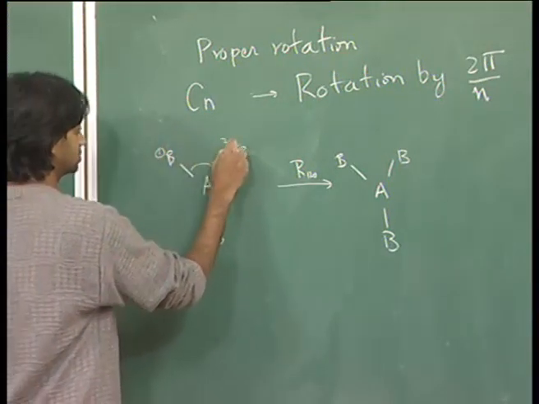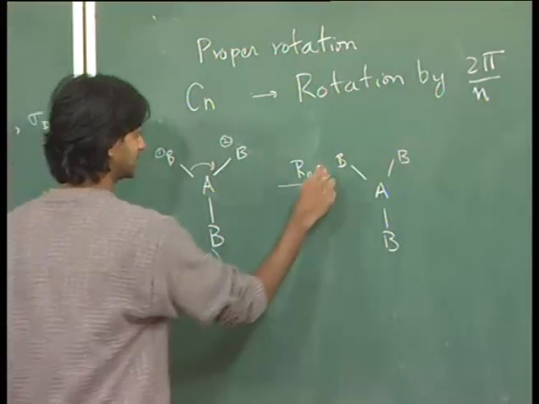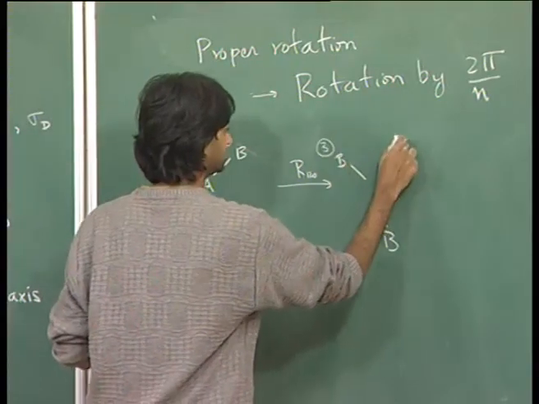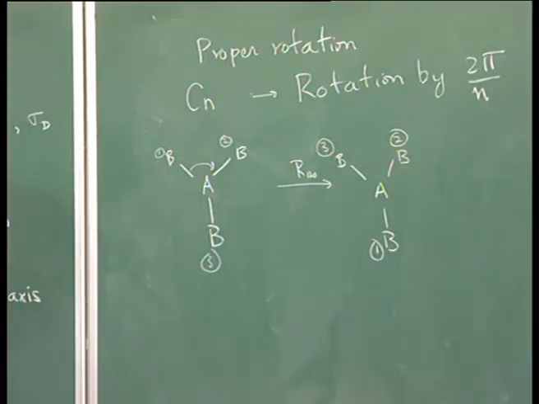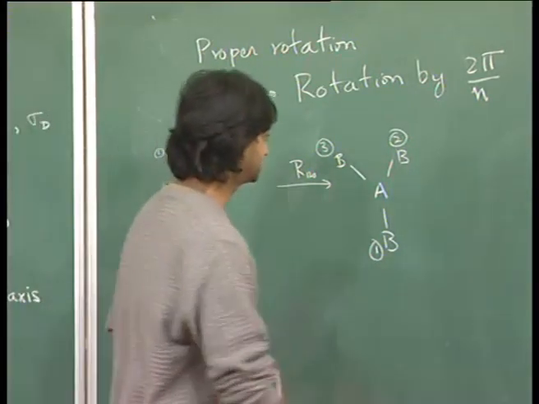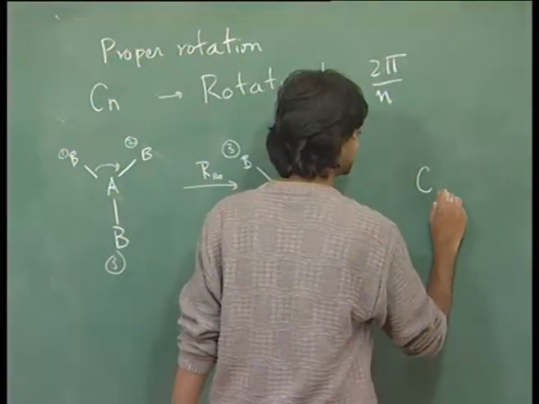So if this is 1, 2, 3, then I get 3, 2, 1. So this is a symmetry operation. This is denoted by C3.